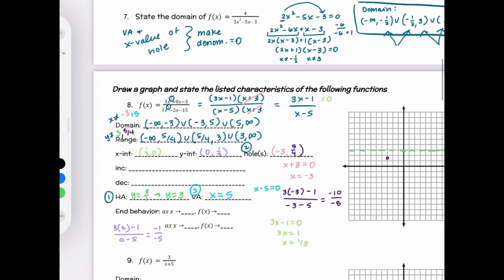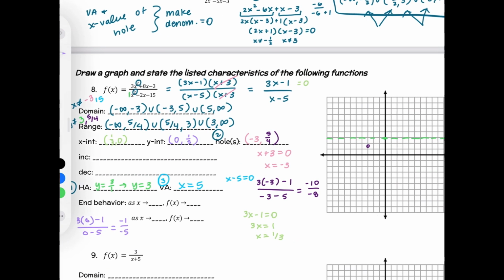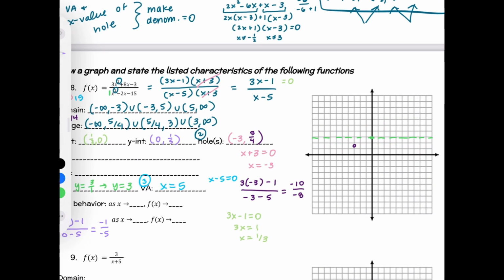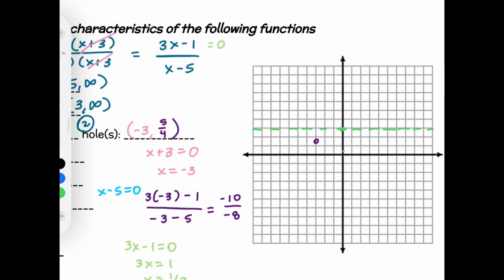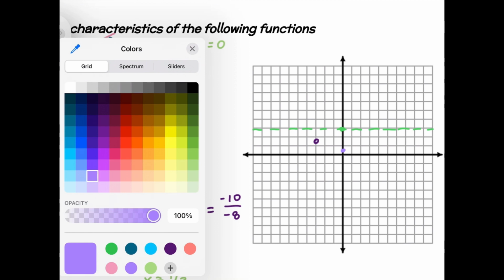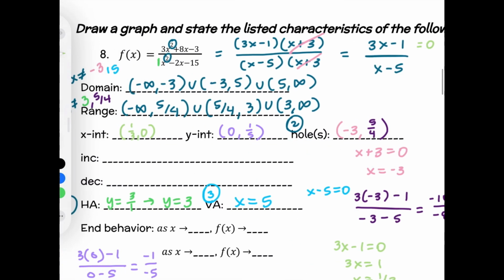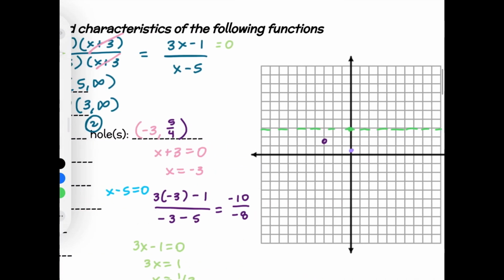All right, so those are points that you also would need to put on your graph. So I'm going to put 0, 1/5 on the graph, which is a little bit bigger than 0. And then for the x-intercept, 1/3, 0. So it's going to be kind of in that same region.